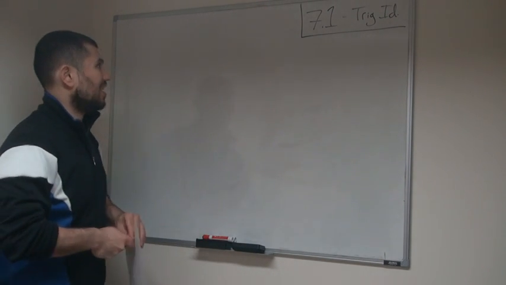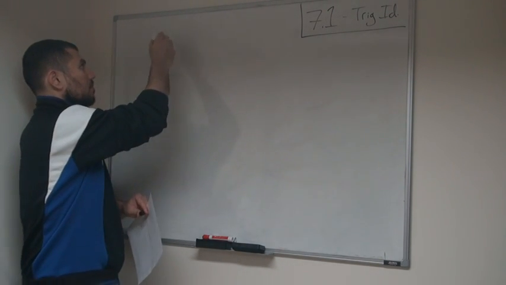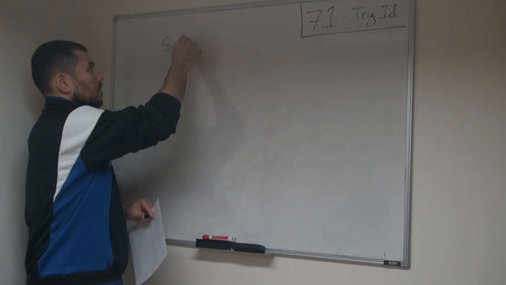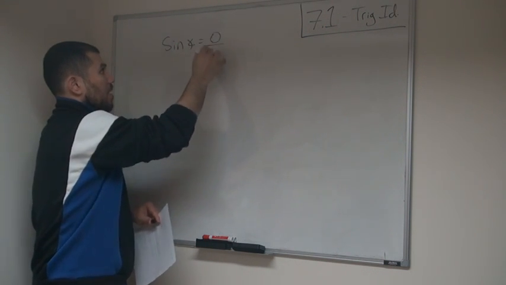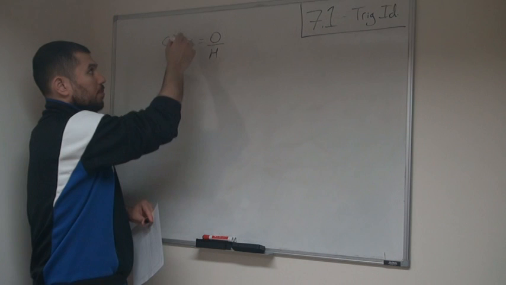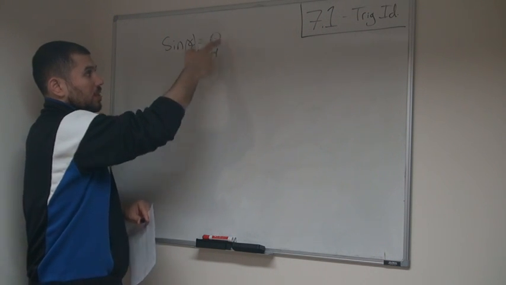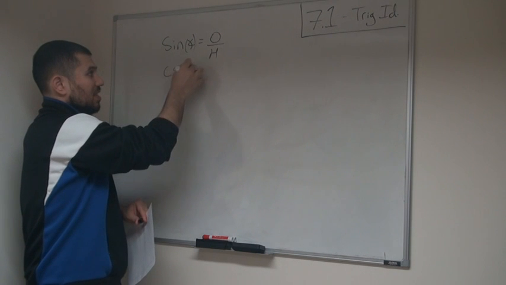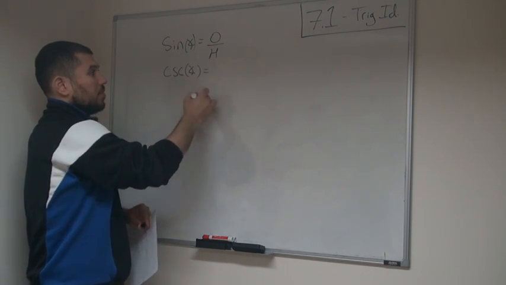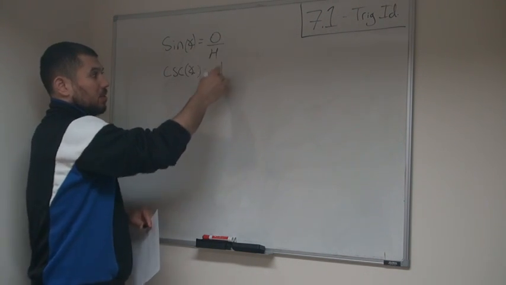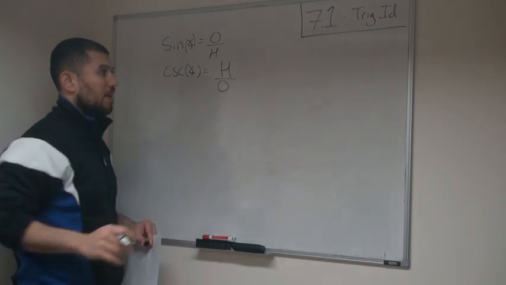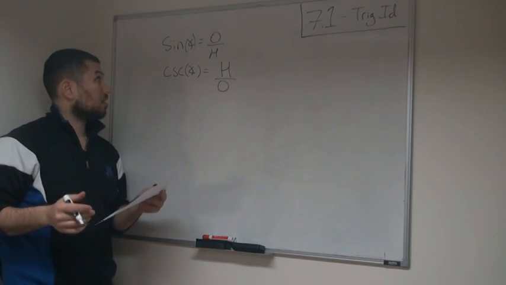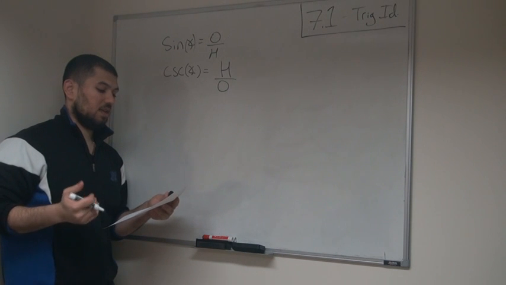So if the sine of an angle means the opposite over the hypotenuse side, because we input an angle into the trig ratio and get a ratio of sides, the cosecant of an angle will be the reciprocal, 1 divided by opposite over hypotenuse, or hypotenuse over opposite. That is sine and cosecant.